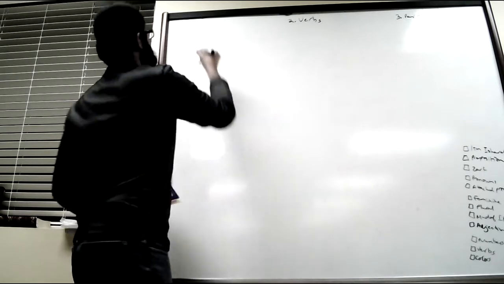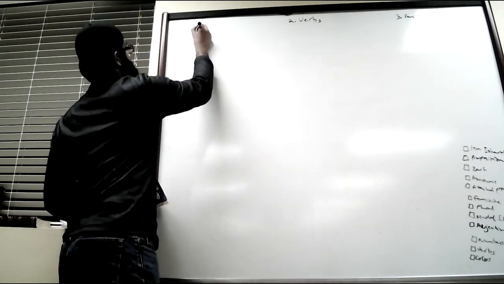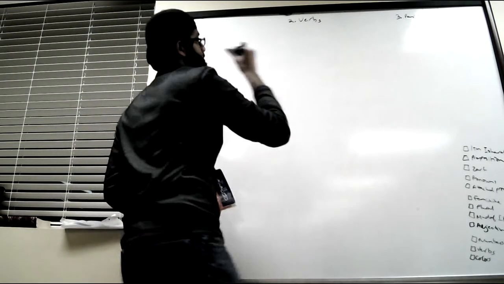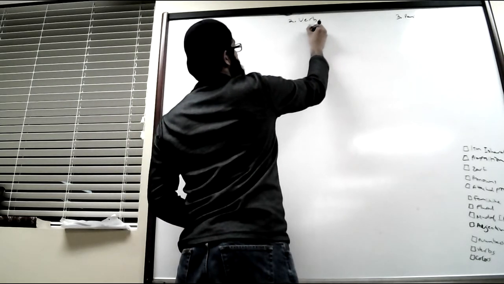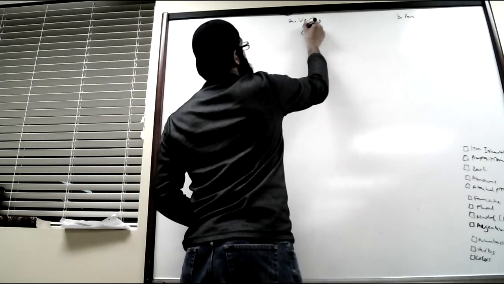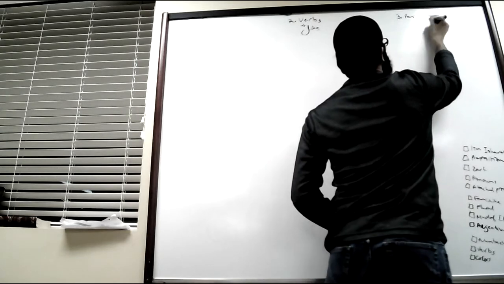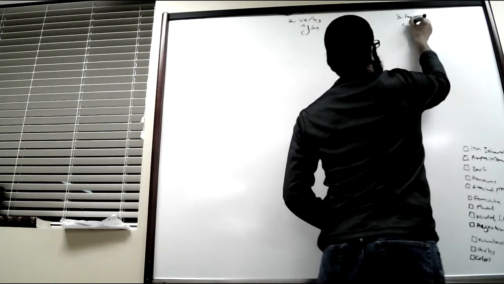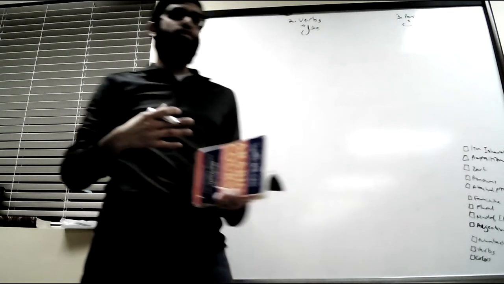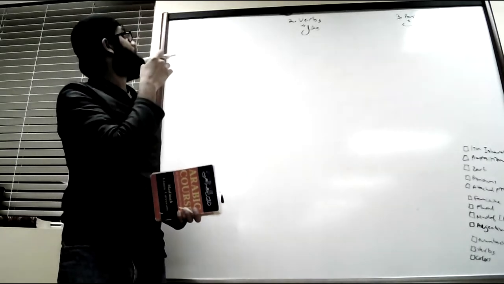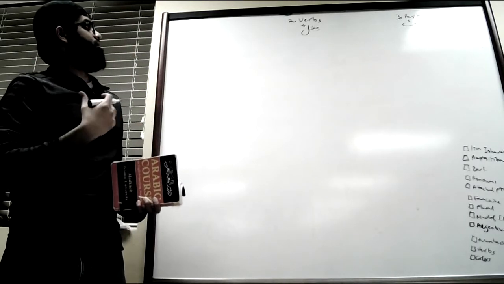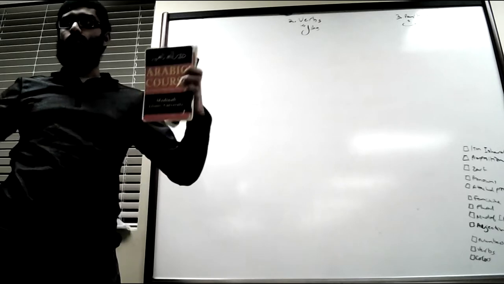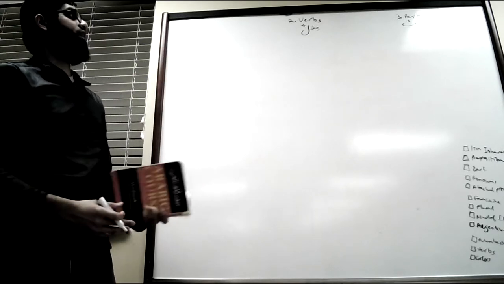What do we call the nouns? Ism. And what do we call the verbs? Fi'lun. And what do we call the particles? Harf. So these three make up anything that you can have. You can put it into one of these categories.